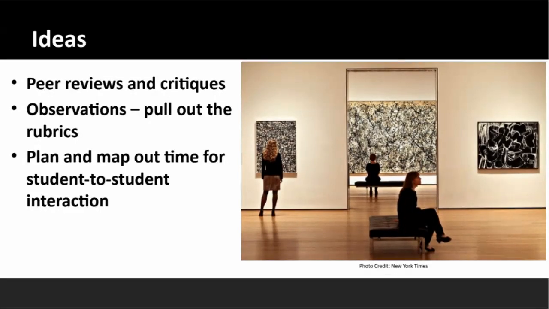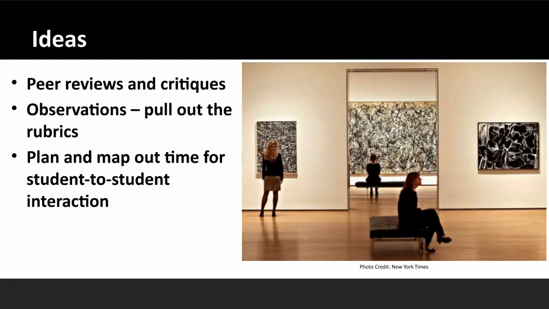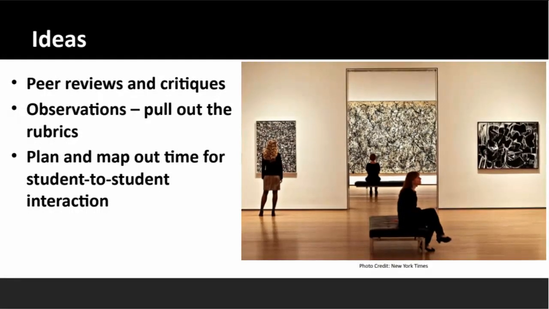Plan out the student-to-student interaction, and then you can gauge if you allowed enough time or if next time you want to increase that. If you have it at least drafted out in terms of your time plan, then it will be a more effective class session with the students.